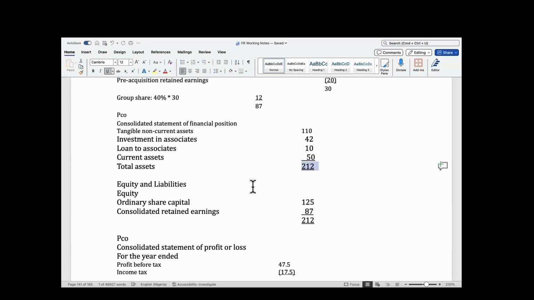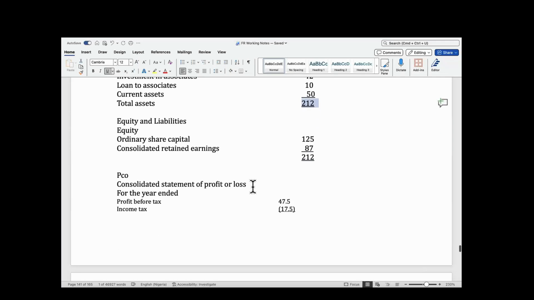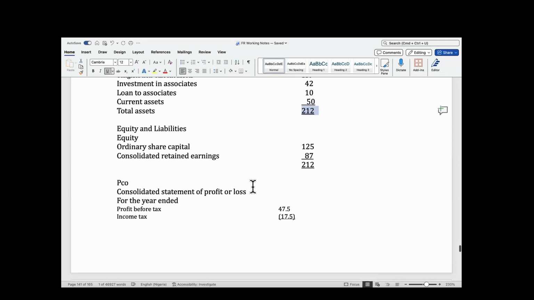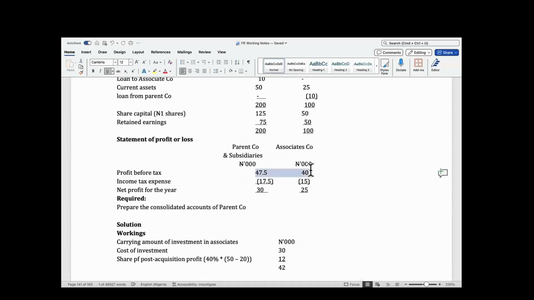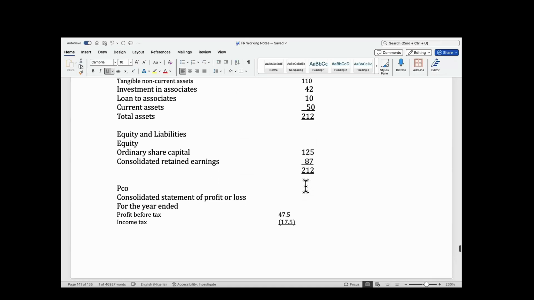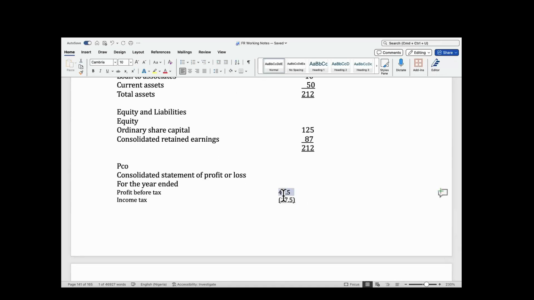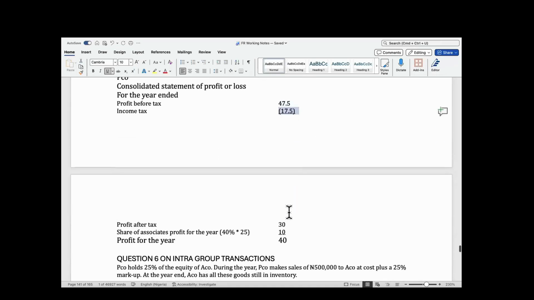In the consolidated statement of profit or loss, again, you are not consolidating. You are not going to be adding. This is what you have, 14.5. You remove only this, and all you are going to add is just your share of profit of the associates, your share of this 25, and that's all, which is what we did. 47.5 minus the tax.